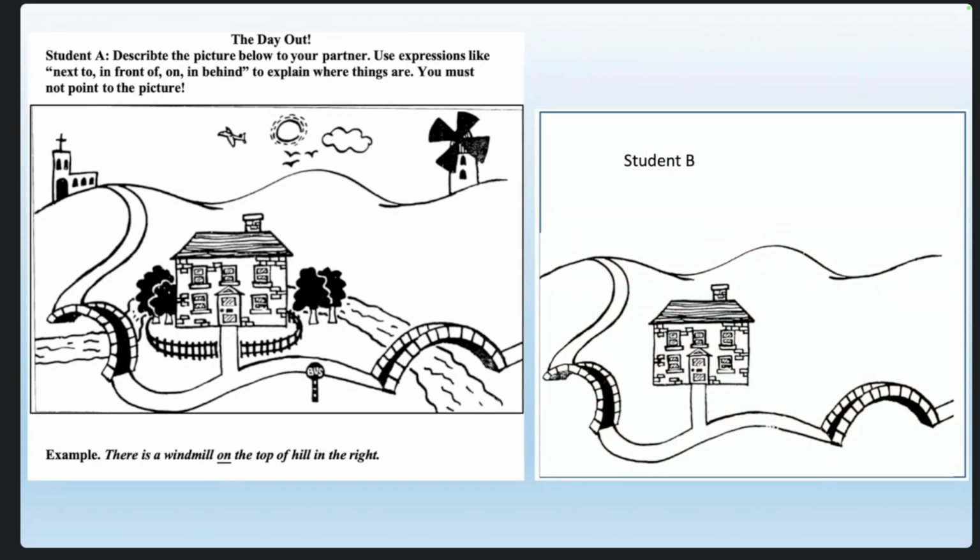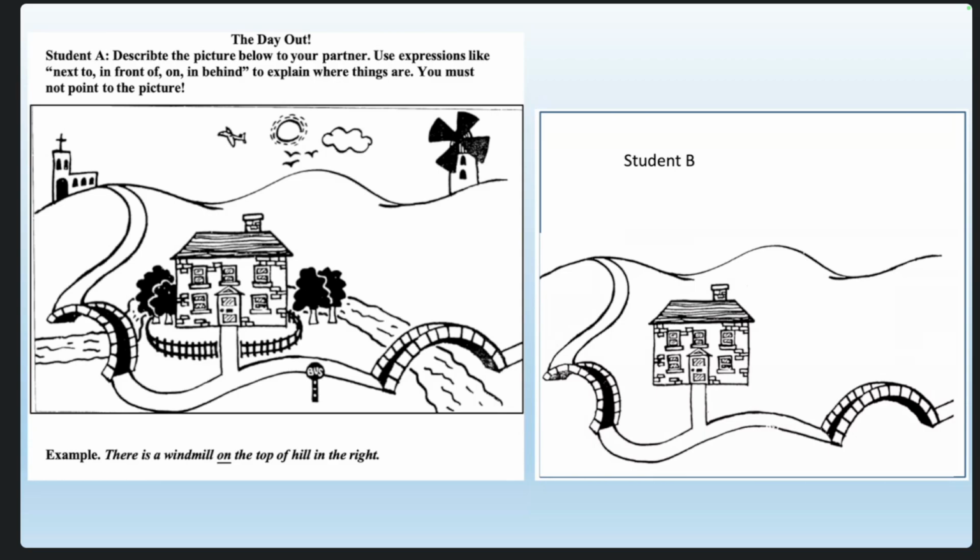Student A's picture is complete. Student B has several things missing. So what will happen is student A will describe the picture to his partner. Two people are looking face to face with the pictures visible only to themselves. The other person cannot see that. Those are the rules of the activity.